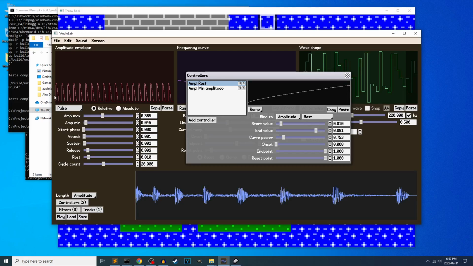But it slows it down so that there's a longer and longer interval between the active periods where the loud noise is heard. And the floor of this is not at 0. You can see there's a little bit of space here. So the white noise, which is the base wave shape, comes through a little bit when it's not in the loud parts. Min amplitude, onset, endpoint.